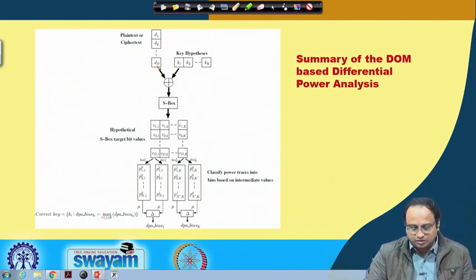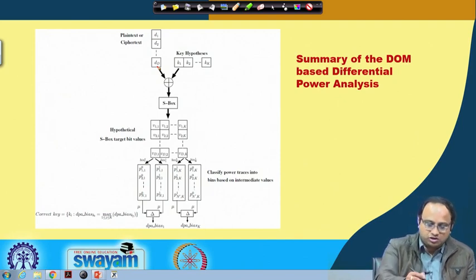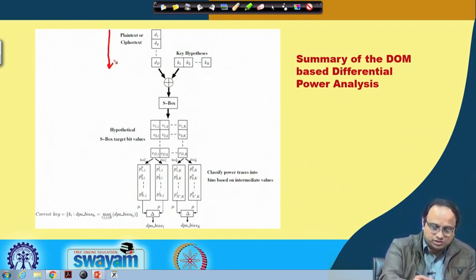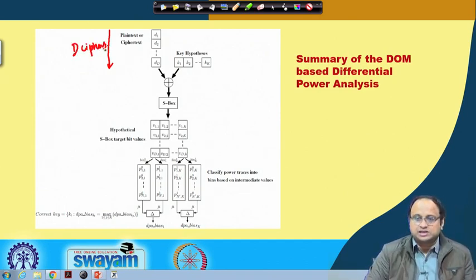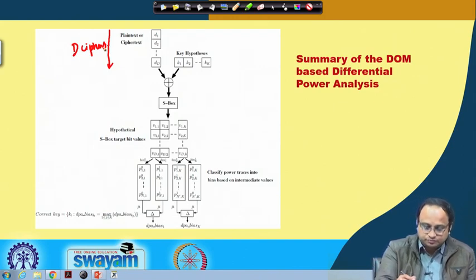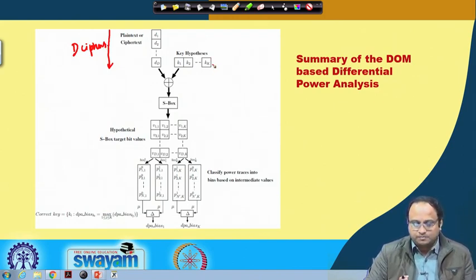You can do the attack in any mode, so imagine that they are all cipher texts. You have got, say, capital D cipher texts that we have observed.